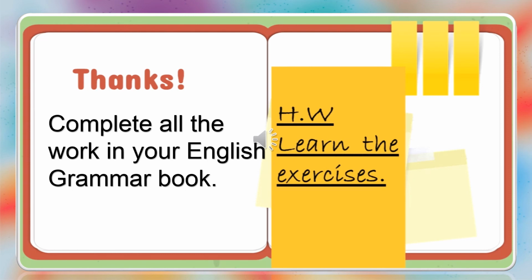So one exercise we will be doing in copy and the remaining 2 exercises we will be completing in the book. And we will learn and practice all these exercises. Why? Because in grammar you don't learn if you don't practice. You cannot cram everything. You have to learn. Your concepts should be clear, and your concept will be clear when you practice more and more. So practice these exercises nicely in your copy.